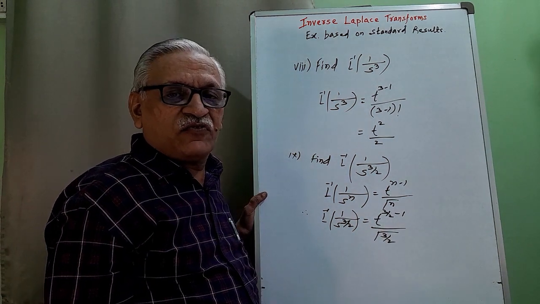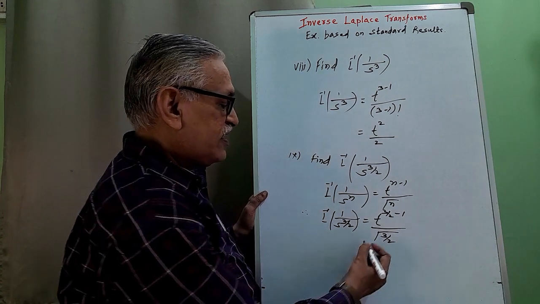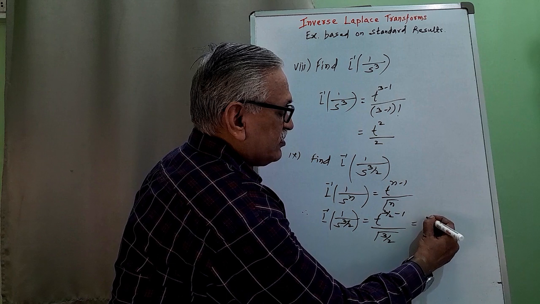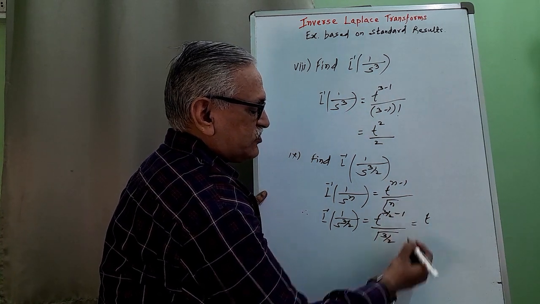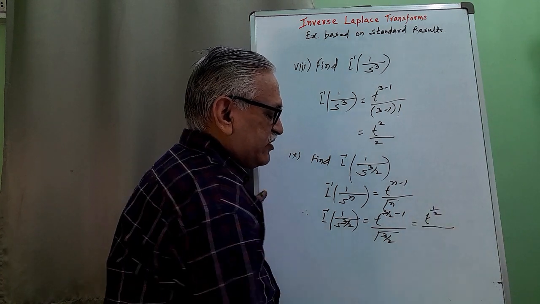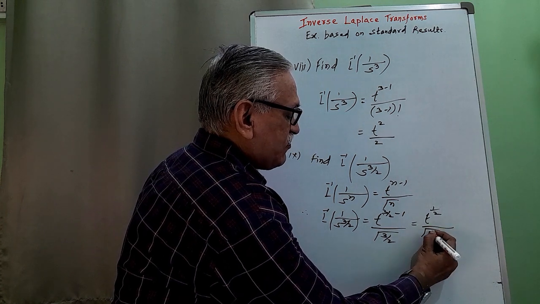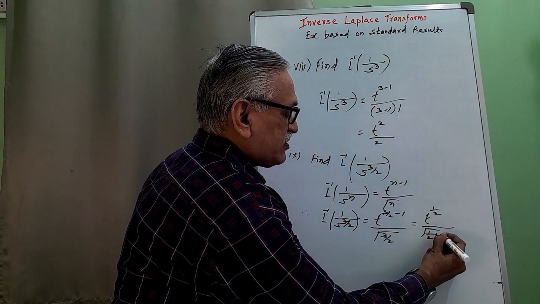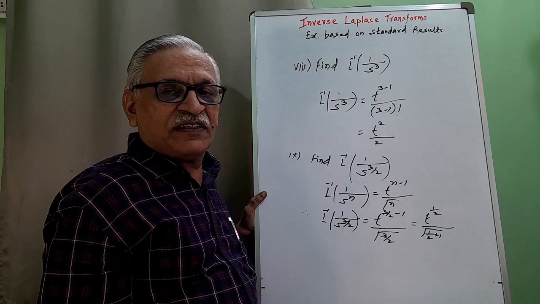Whenever we need to find the value of gamma, try to express it in the form of n plus 1. So this is t raised to 3 by 2 minus 1, that is 1 by 2, divided by gamma 3 by 2, which we can rewrite as gamma of 1 by 2 plus 1. 1 by 2 plus 1 is nothing but 3 by 2.